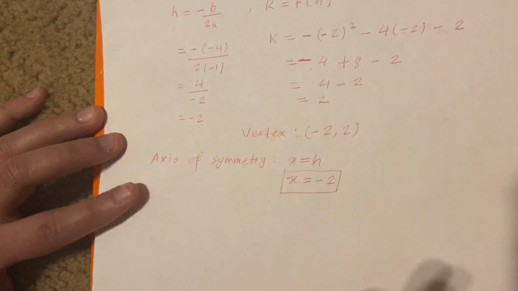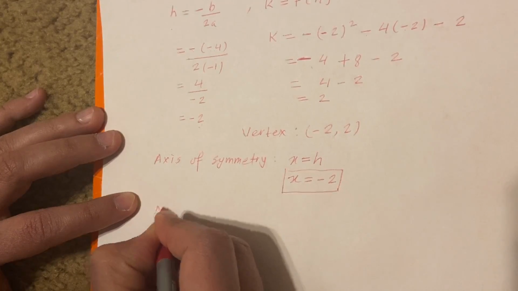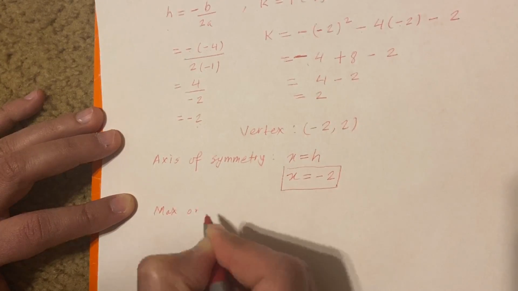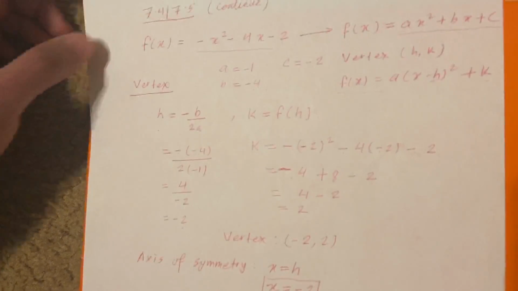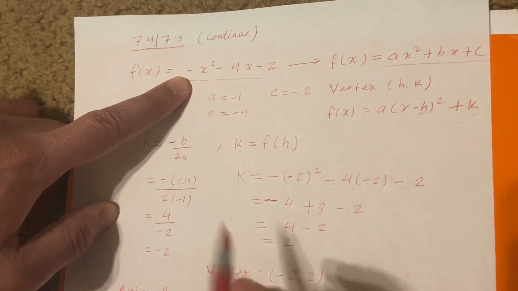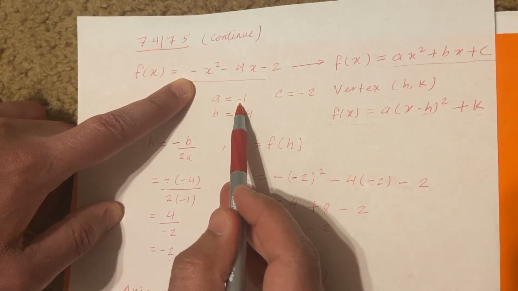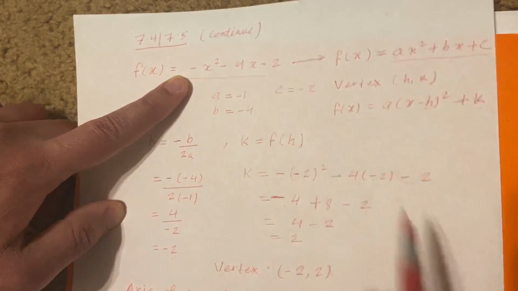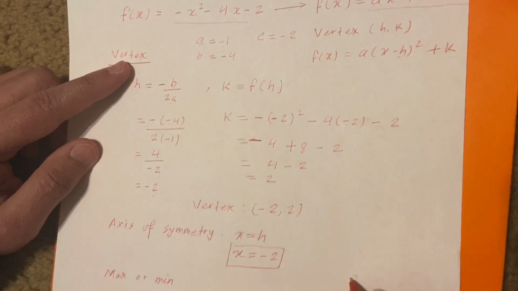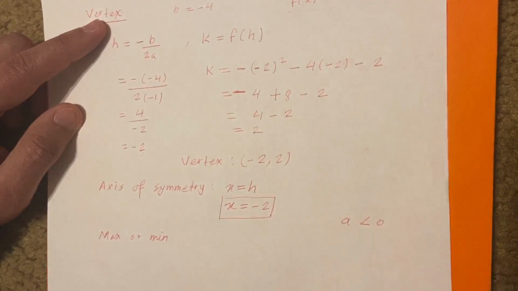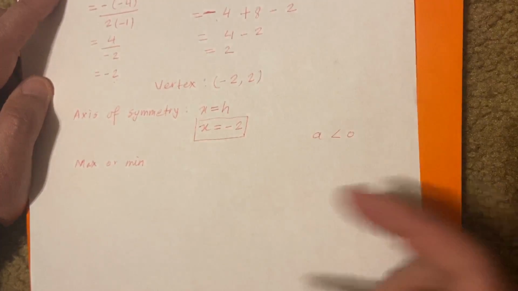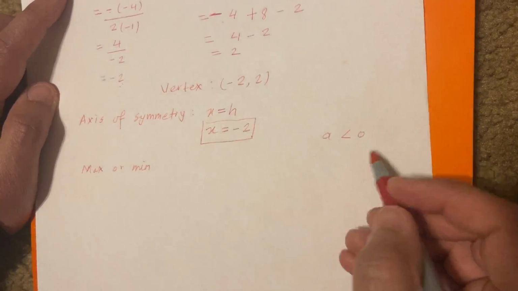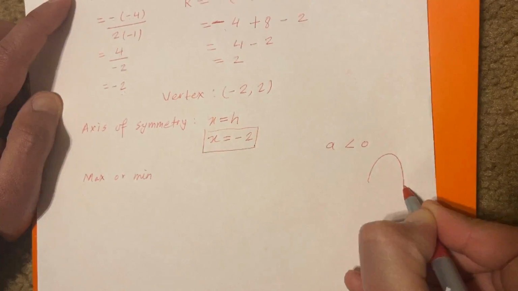All right, and after that, max or min value. So now let's go back to this equation. A is a negative number, right? So if a is negative, or less than 0, then our graph, if you remember, or if you go back to the last video, the graph is like this.